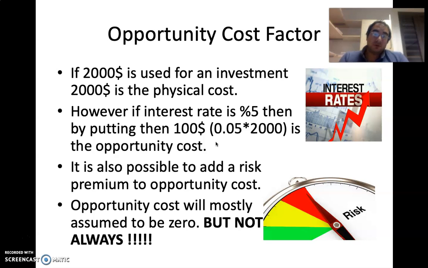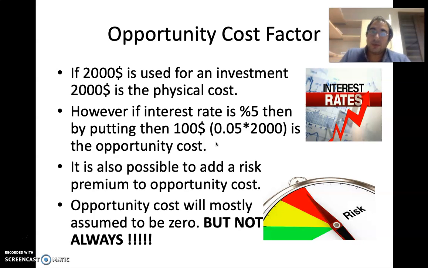Well, we might also actually add a risk premium to the opportunity cost. We might think that when we put the money in the bank, it is relatively riskless. But when we buy extra tables, for example, for a restaurant, it's not 100% clear whether this will increase our revenues. So basically, making an actual investment contains a risk.